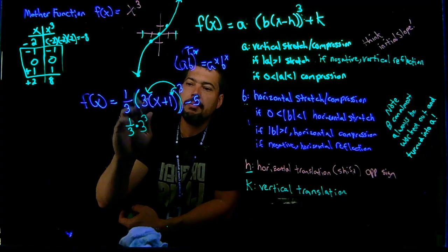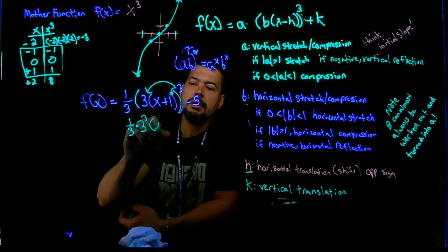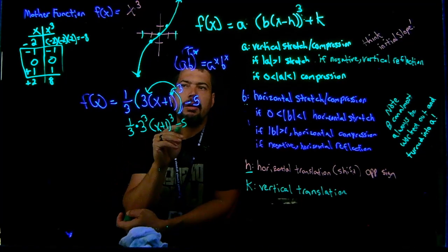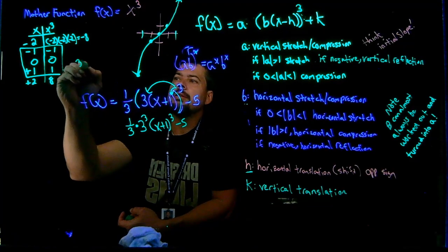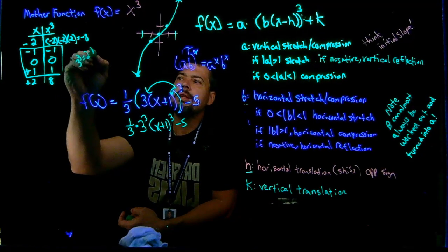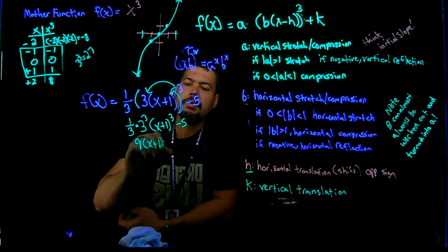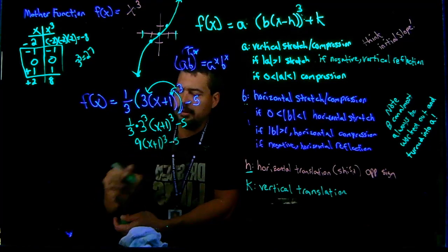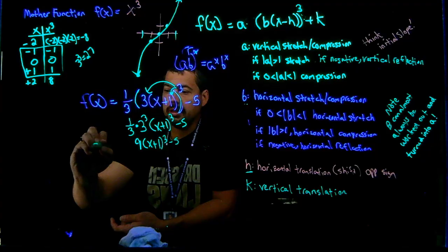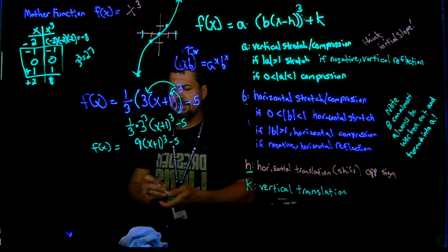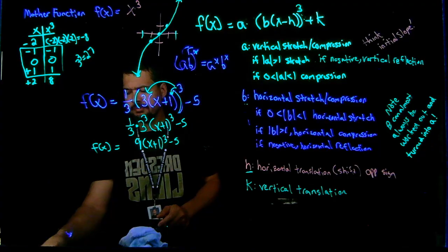I change that parentheses to a multiplier operation. Now, 3 cubed, last I checked, was 27, and 1/3 of 27 is 9. So what I've done is I've taken something that looked fairly complex, and I have reduced it down into something that's not near as complex.